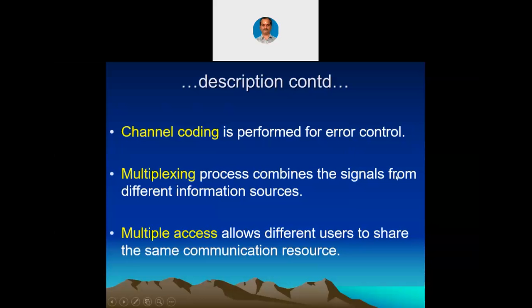Multiplexing process combines the signals from different information sources. This I have told you. If there are video sources, audio sources, textual sources, music sources, voice sources, or data sources as well, all of them can be combined into a single channel.